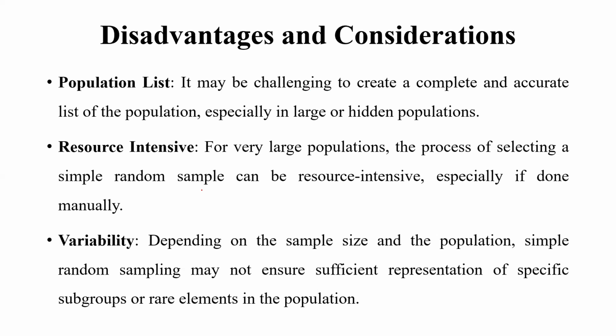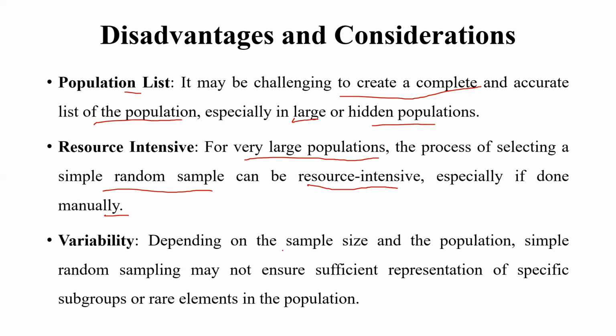And a few disadvantages. Population list: it may be challenging to create a complete and accurate list of the population, especially in large or hidden populations. Resource intensive: for a very large population, the process of selecting a simple random sample can be resource intensive, especially if done manually.